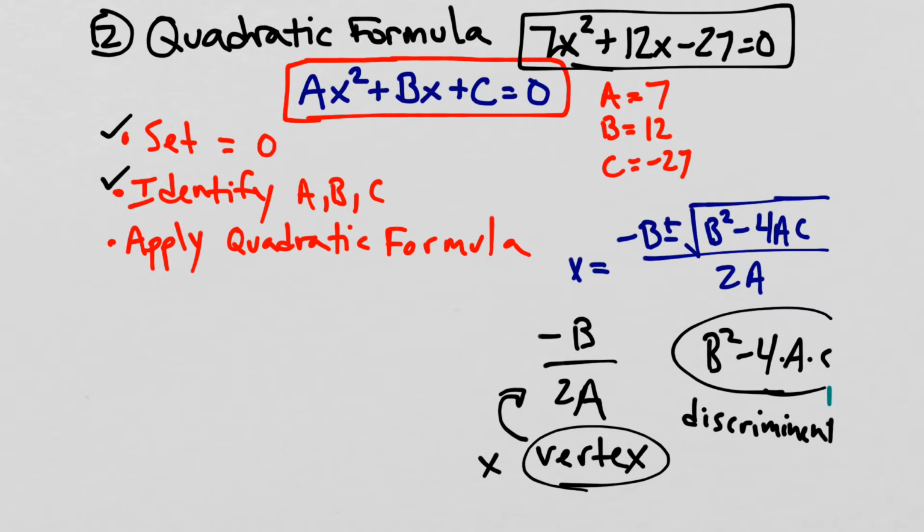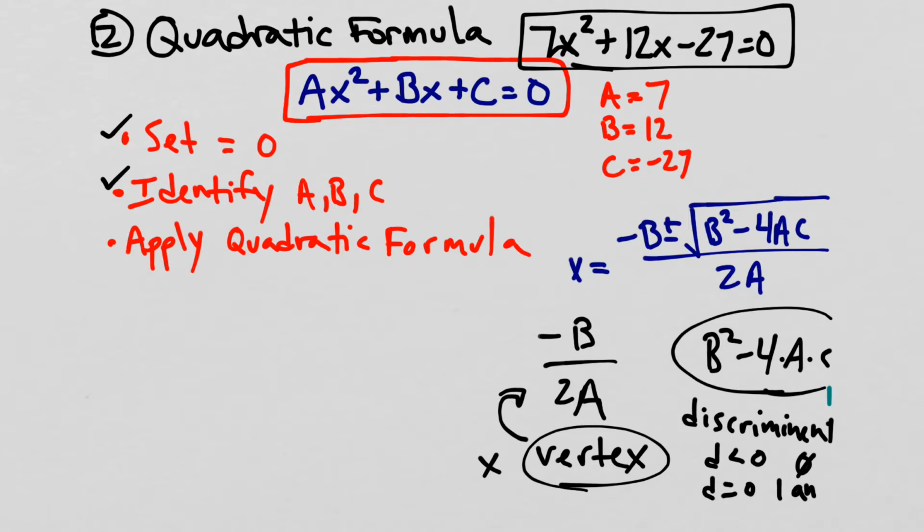So, discriminant. Now what the discriminant can do is give you some insight into whether it can factor. So if the discriminant, b squared minus 4ac, is less than 0, you can't factor it. There's no solution. If the discriminant equals 0, then you're going to have one answer at the end.